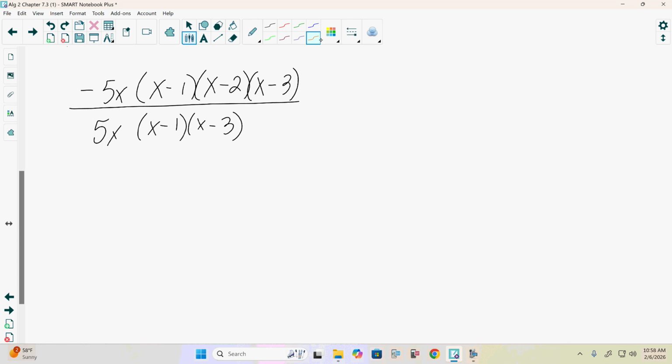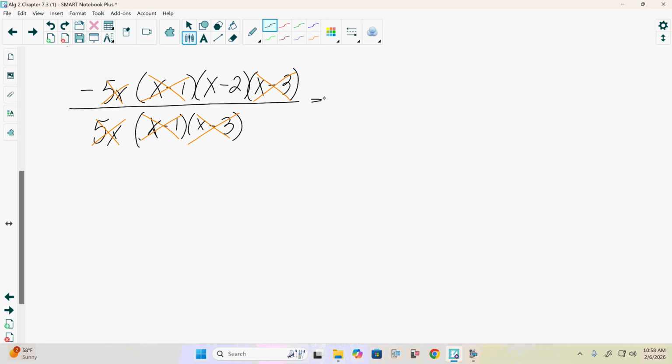The x minus 1 and x minus 1 would cancel. The x minus 3 and x minus 3 would cancel. Now we can say the 5x and 5x would also simplify.